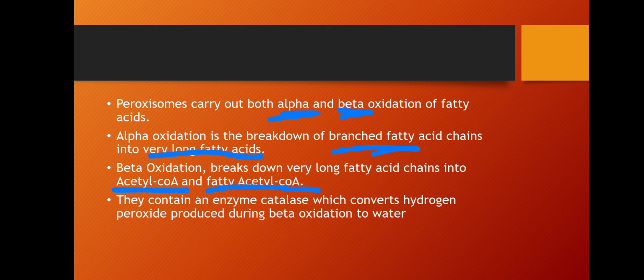That is beta oxidation. Then they also contain an enzyme known as catalase, which converts hydrogen peroxide produced during beta oxidation to water. That is why we're also saying they play a role in the metabolism of hydrogen peroxide, because of the enzyme catalase.